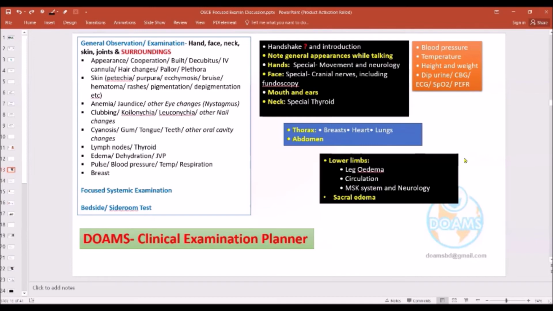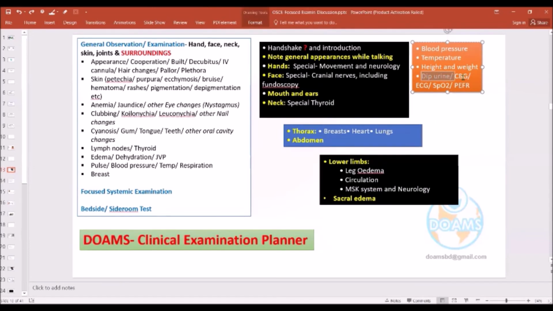But in our practical life, especially from a South Asian perspective, we can include dipstick, capillary blood glucose, ECG, SpO2. SpO2 is easily done with a small meter. Peak expiratory flow rate and spirometry we can include in our investigation plan.